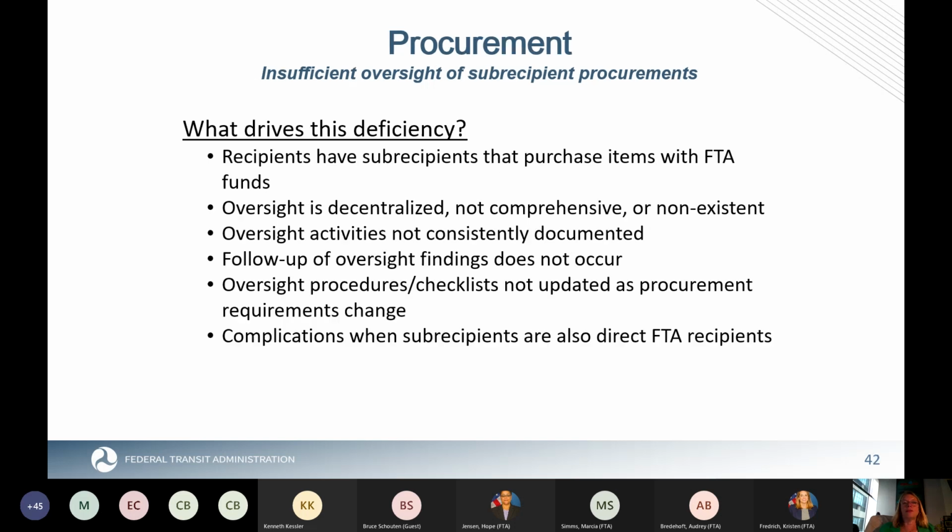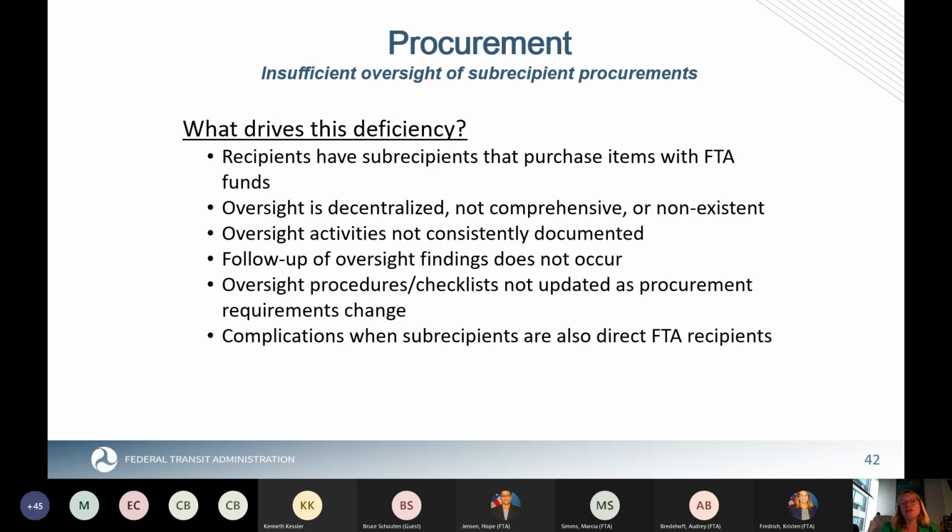So what drives this deficiency? So first, it's opportunity, right? If you are a recipient that has subrecipients that use your funds to purchase items with, then you have a higher potential for having this deficiency.